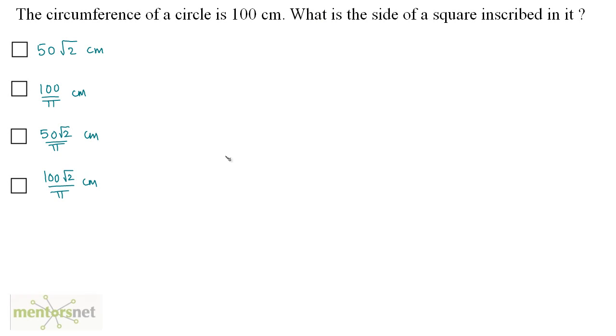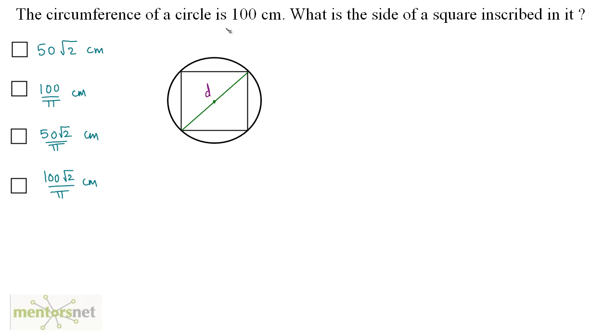The circumference of a circle is 100 centimeter. What is the side of a square inscribed in it? So the diagonal of this square will be the diameter of this circle, right? Now as we have been given the circumference of the circle, we can calculate the diameter.